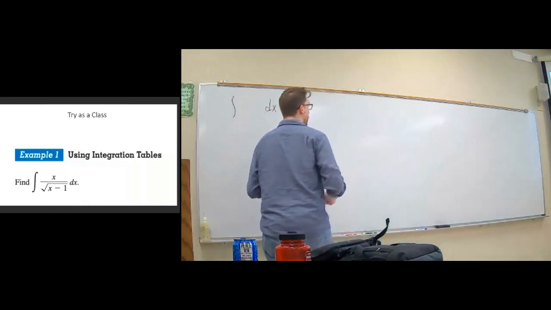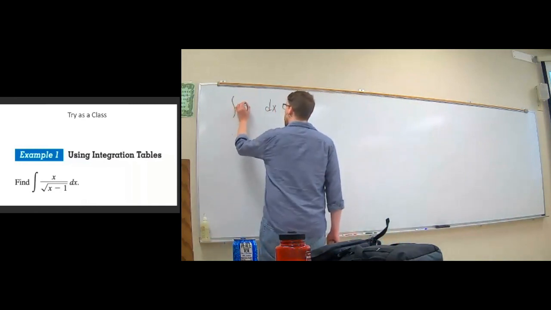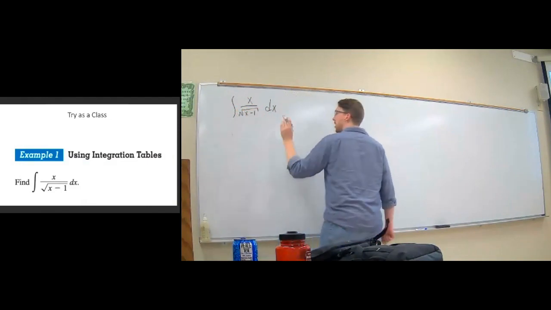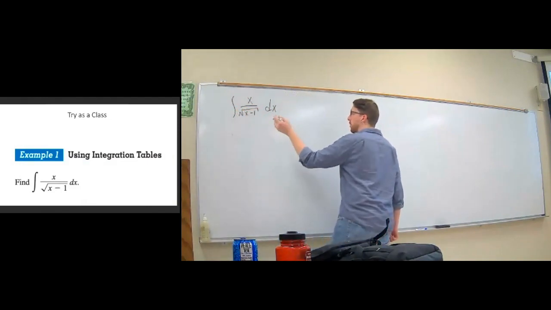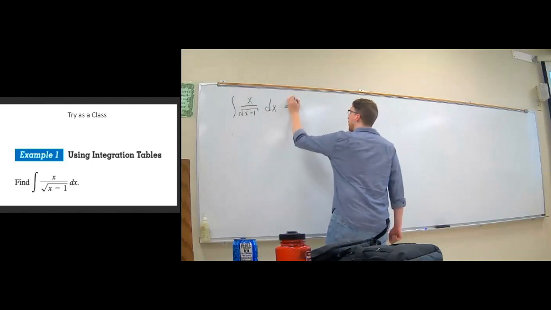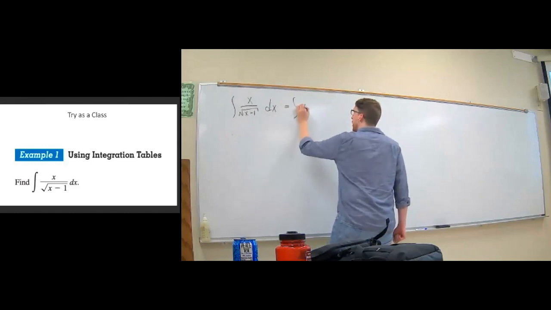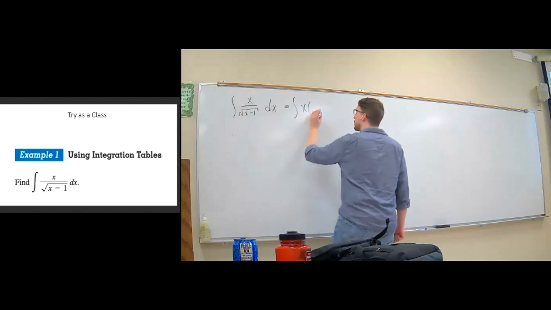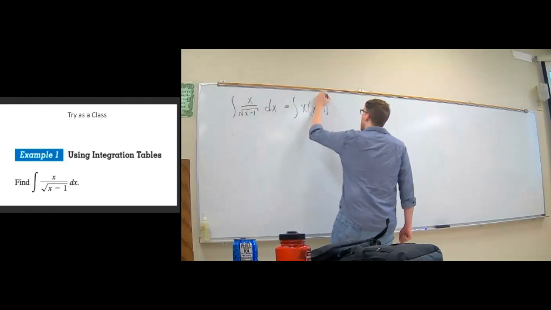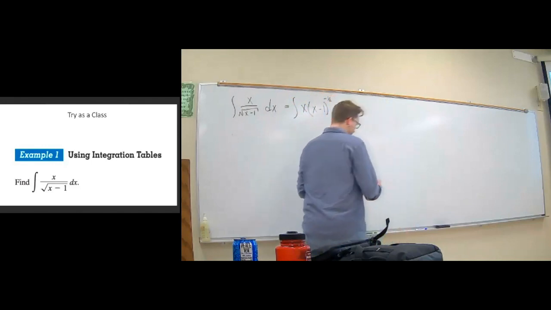I'm going to write it down first: the integral of x over the square root of x minus 1, integrated with respect to x. This is equal to x, rewriting it using powers now, times the quantity x minus 1 raised to the negative 1/2 power, all integrated with respect to x.